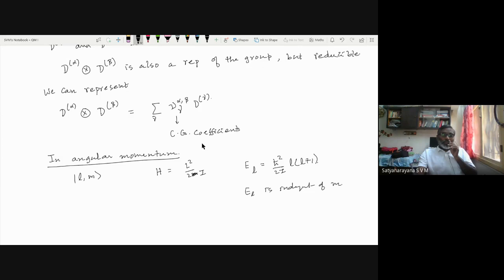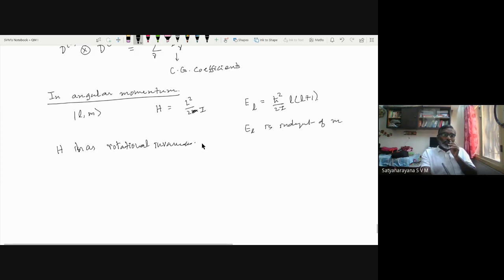This is because the Hamiltonian is invariant under any rotation. So the Hamiltonian has rotational invariance. That means there is a group which we call SO3.